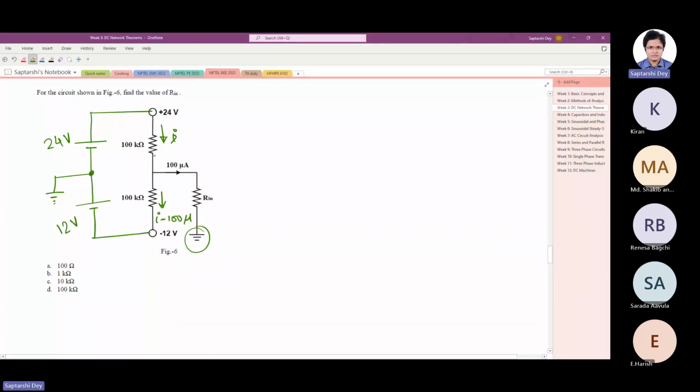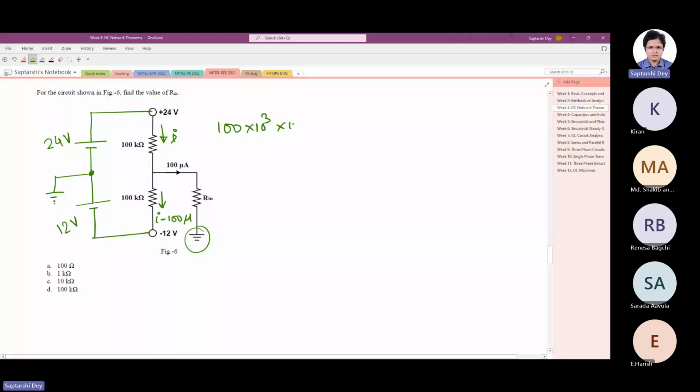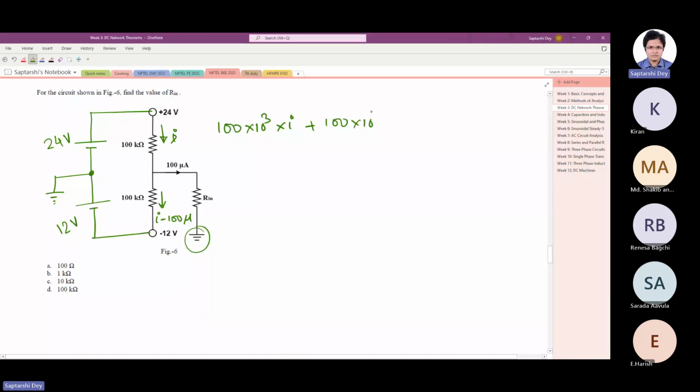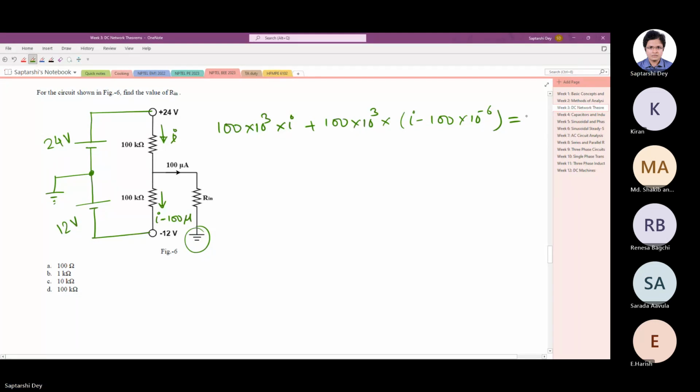So the total voltage drop across the resistances, 100 kilo times I plus 100 kilo times I minus 100 micro, is 36. 24 minus 12, 36.